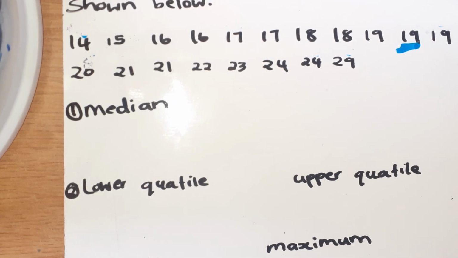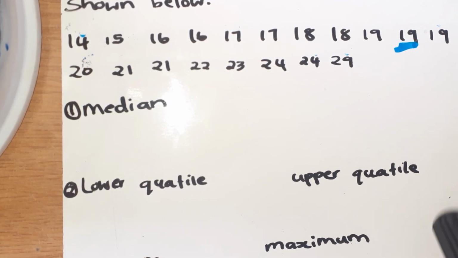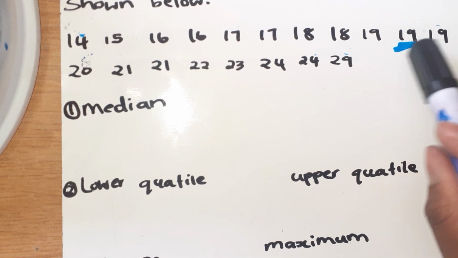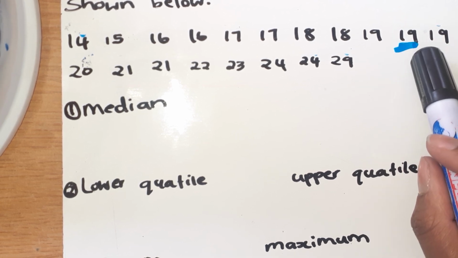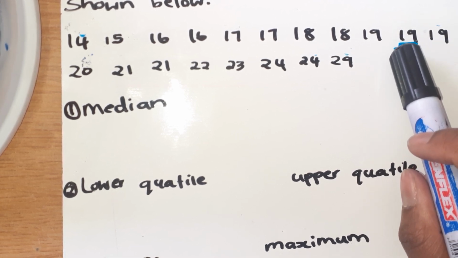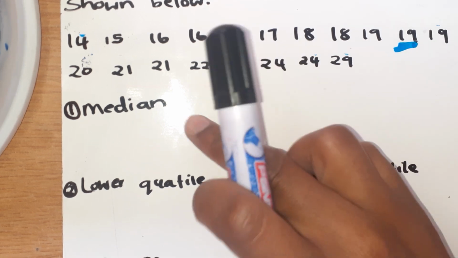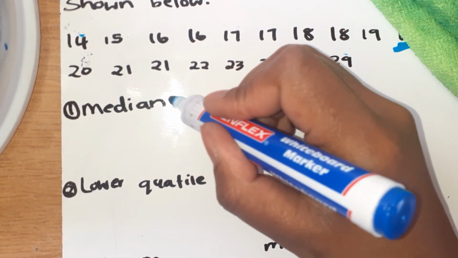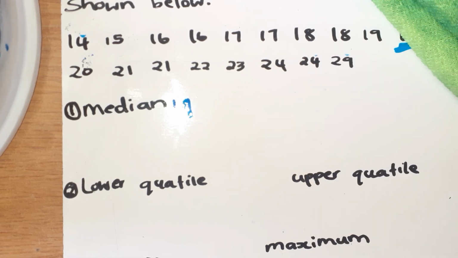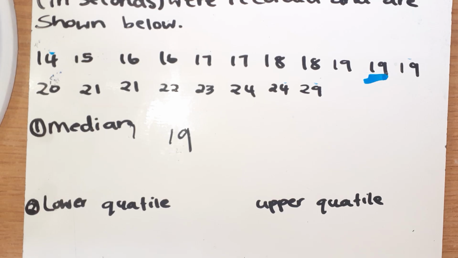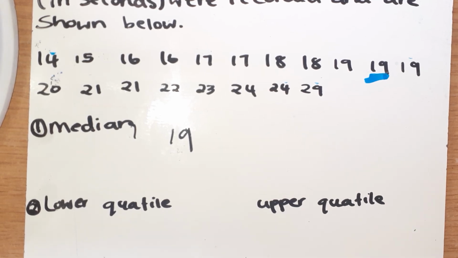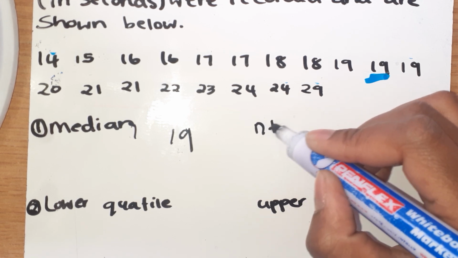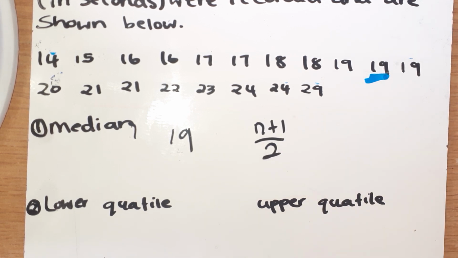If you find two numbers as the median, you add them. Maybe 19 and 19 were the ones left in the middle. You say 19 plus 19 divided by 2, and then you'll get your median. But in this case, it is 19. Or you can use that formula, n plus 1 over 2.